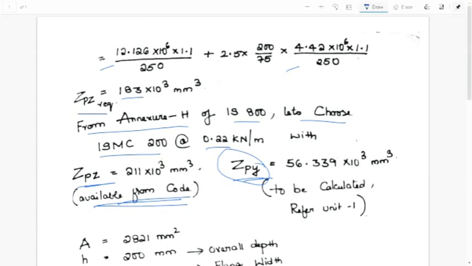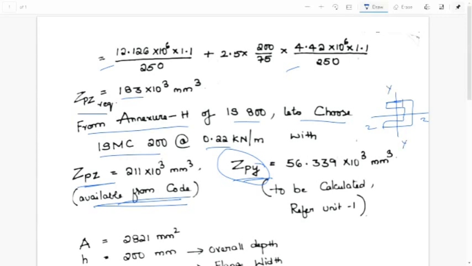Actually, we have discussed how to calculate this Zpy value for a channel and I section in our unit 2. Okay, if you did not watch that video, please go through that. And similarly, the Zpy value of this channel section also can be calculated. So this is the channel section, right? This is the ZZ and this is the YY axis in this case, right?